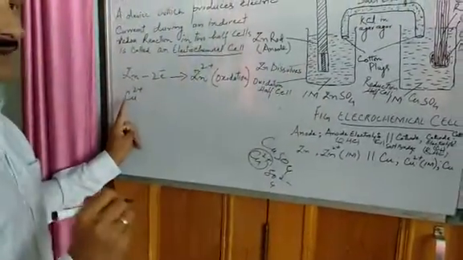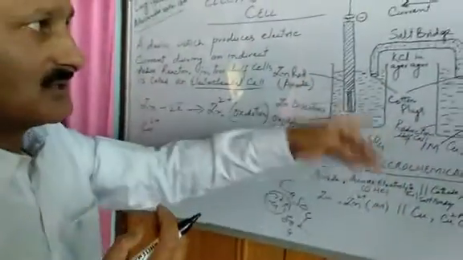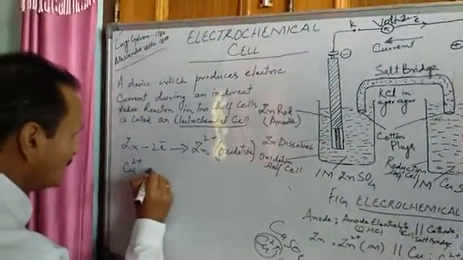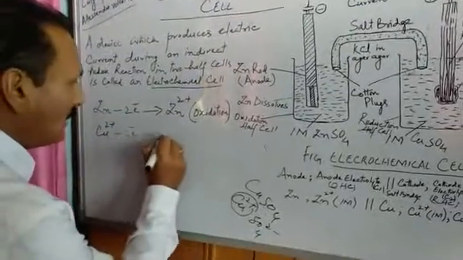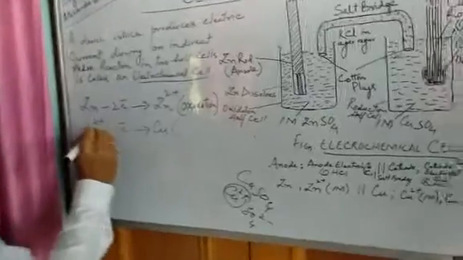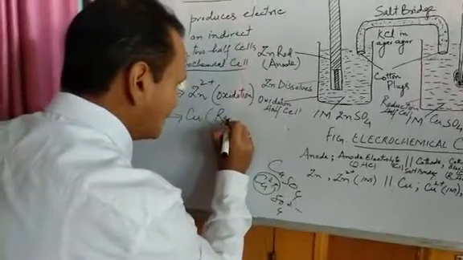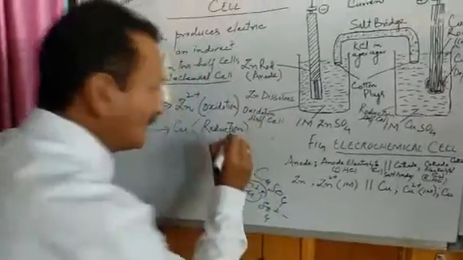This copper ion gets those electrons released by the oxidation half cell. So these 2 electrons get added by the copper ion, forming copper. And since there is a gain of electrons, reduction has taken place.